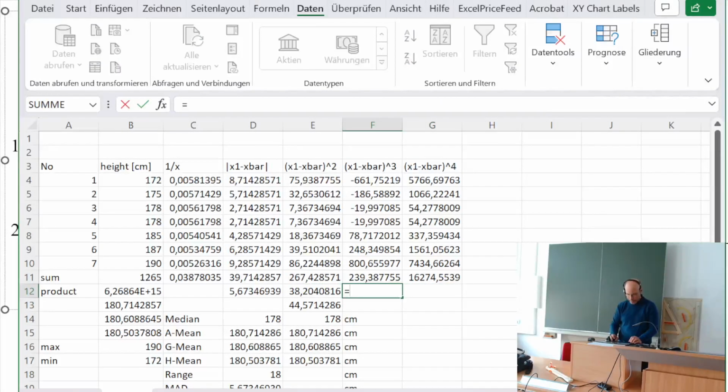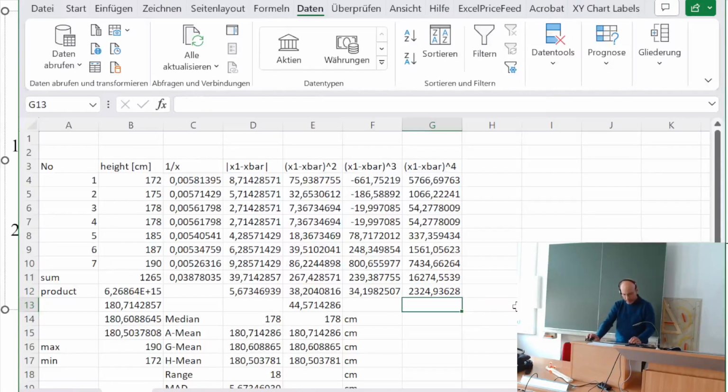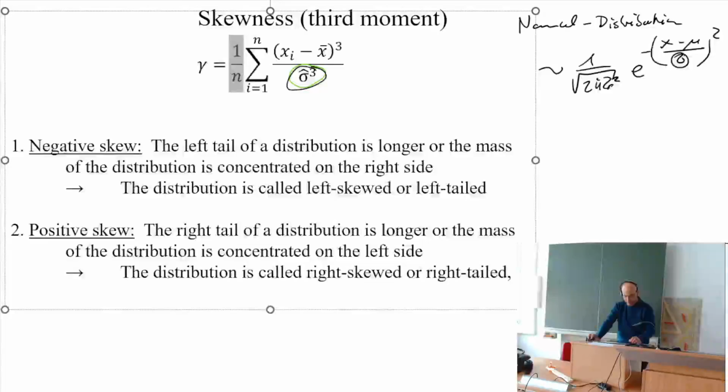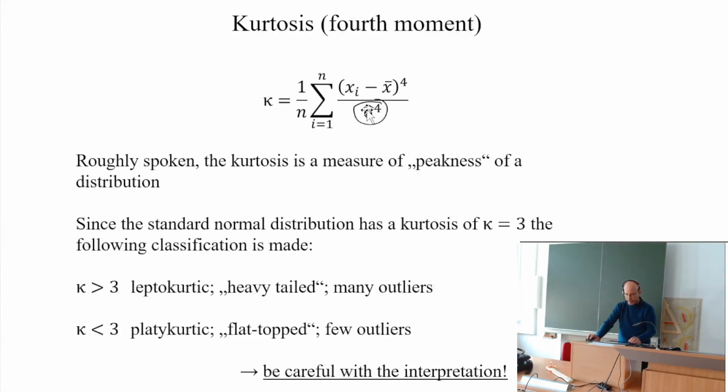So this one divided by 7, and this one divided by 7, and then divided by the unbiased standard deviation to the third power and the standard deviation to the fourth power.